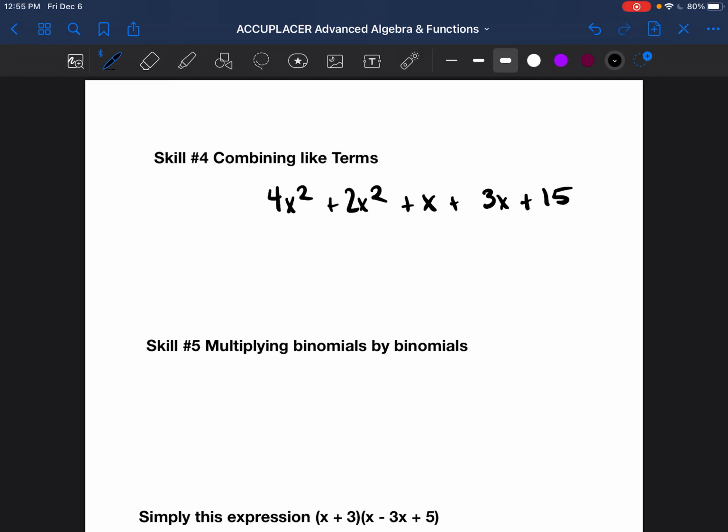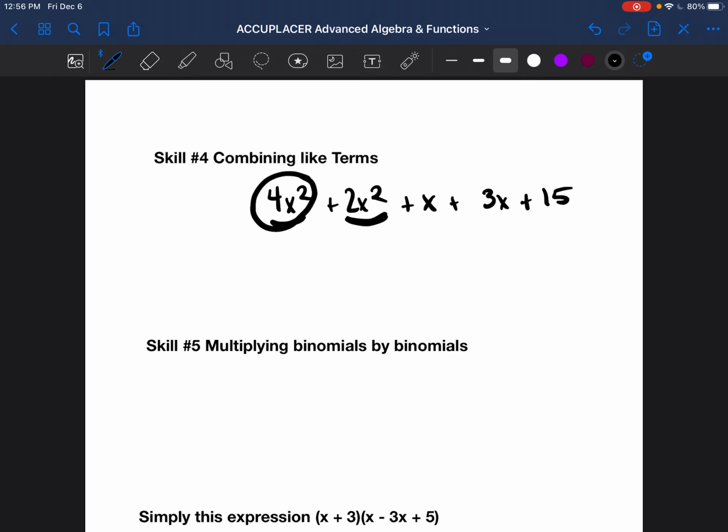Like terms means that they're similar in the values that they have with the exponents and the variables. So this term has x squared. In order to find a like term, you have to look for another term that also has x squared.